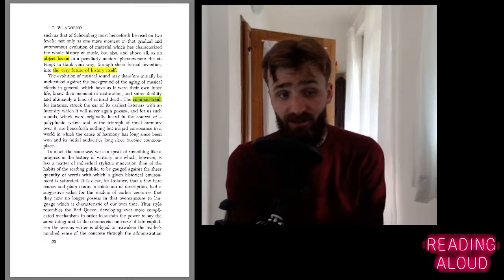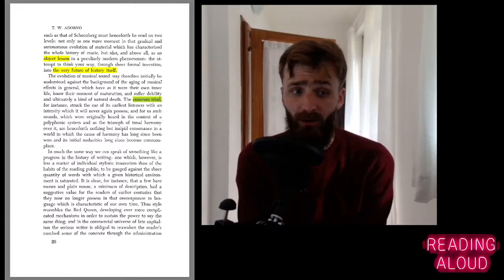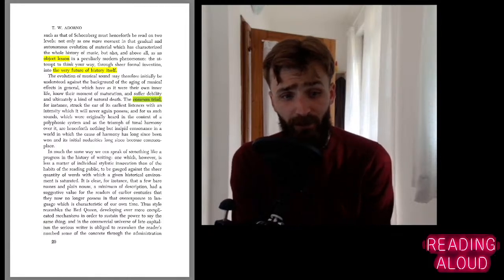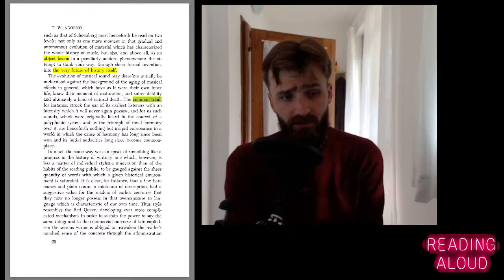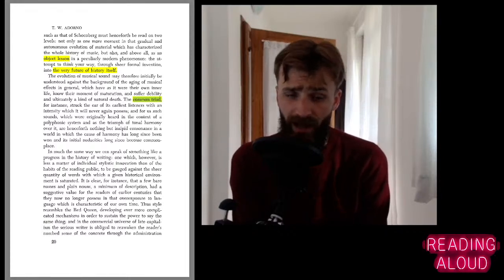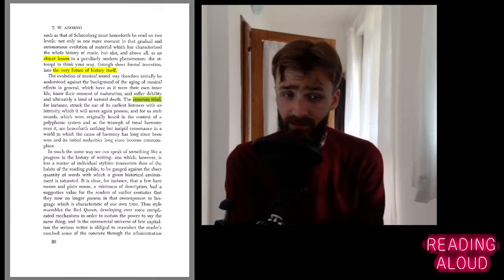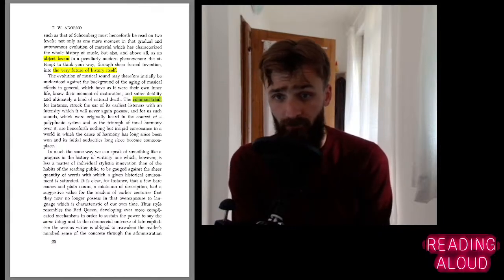And for us, such sounds, which were originally heard in the context of a polyphonic system, and as the triumph of tonal harmony over it, are henceforth nothing but insipid consonants in a world in which the cause of harmony has long since been won, and its initial audacities long since become commonplace.